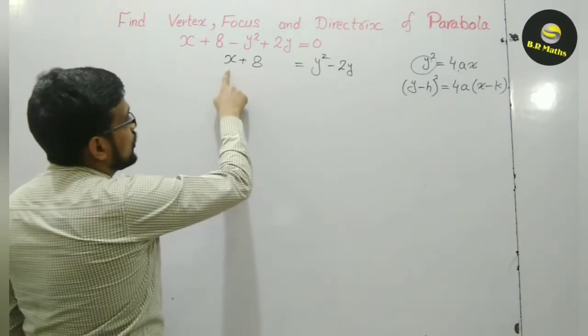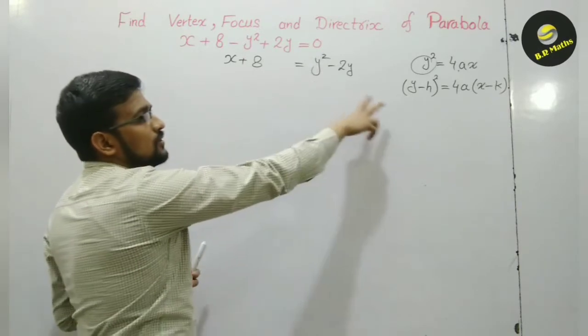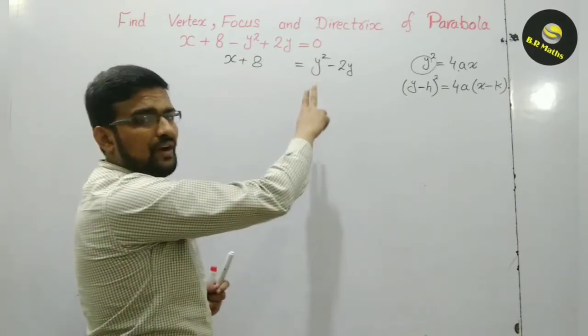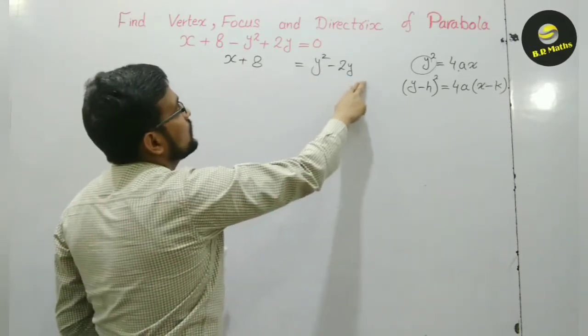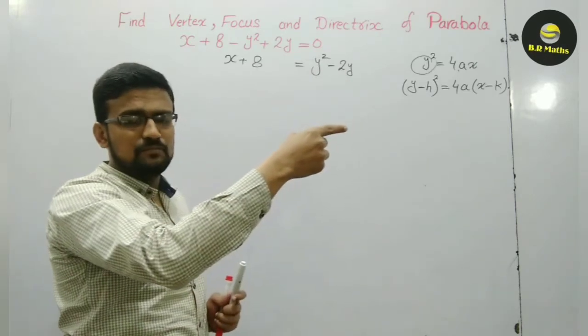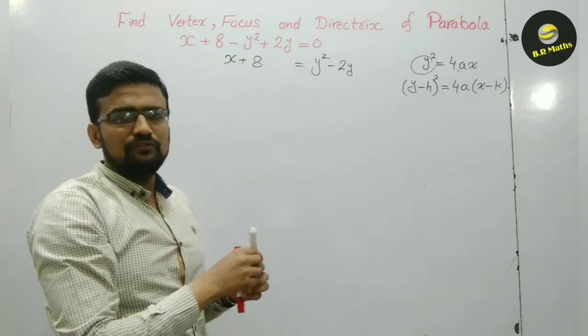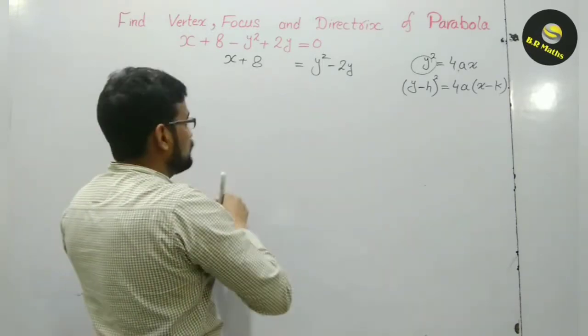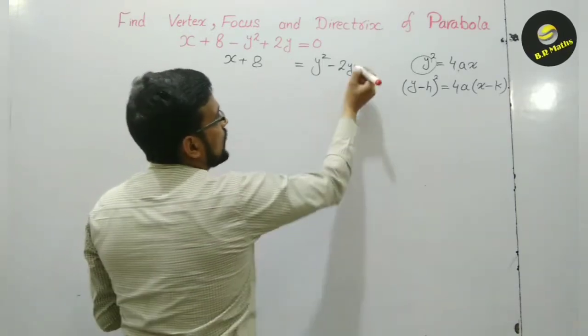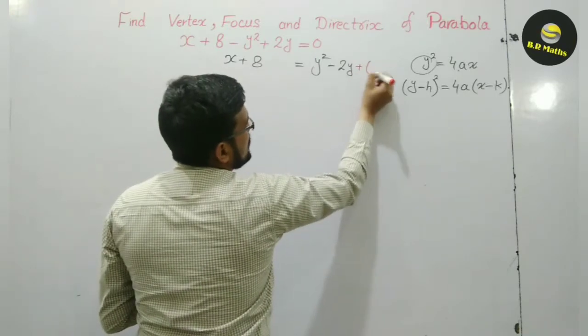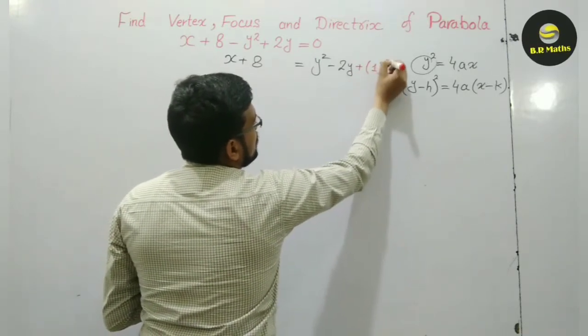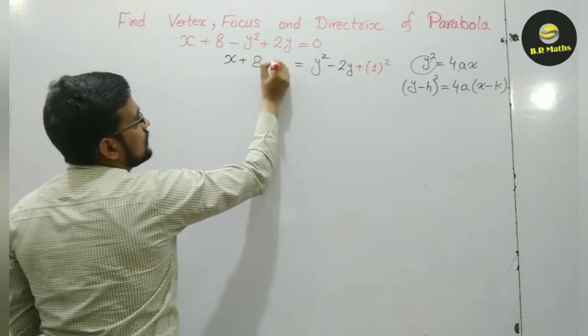Next, according to the rule for completing the square, y² - 2y + b², like a² - 2ab + b². According to the whole square formula, you need to add 1 squared on both sides.